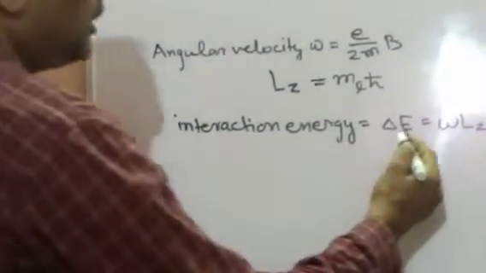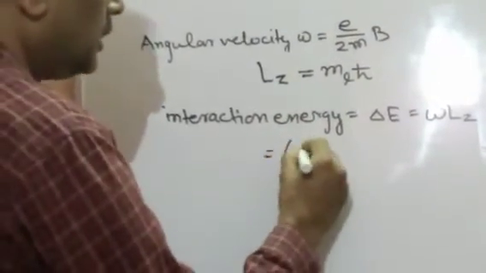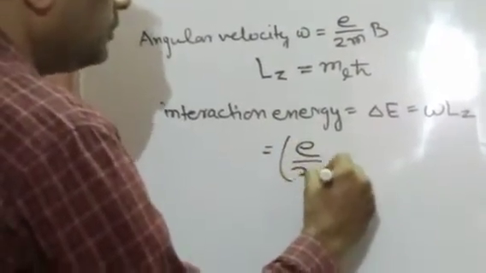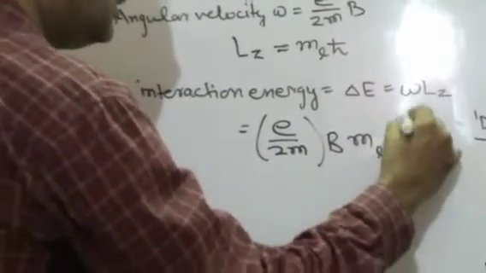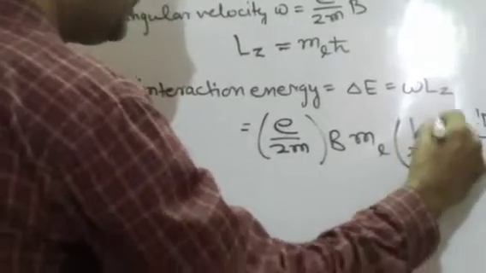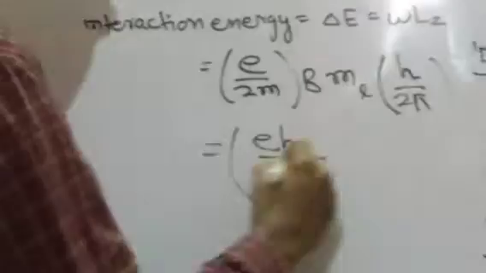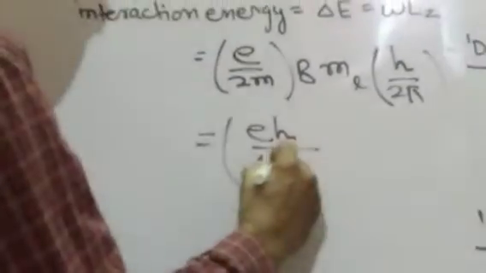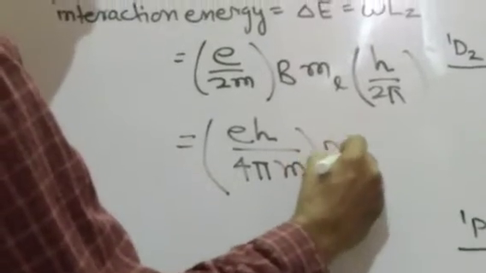It is defined as delta E equals omega Lz. Putting in the values, you get e upon 2m B ml h cross, where h cross is h upon 2 pi. So you get delta E equals e h upon 4 pi m B ml.